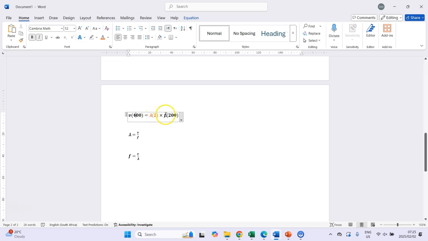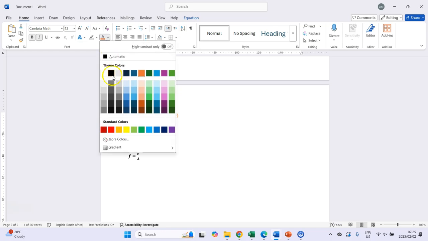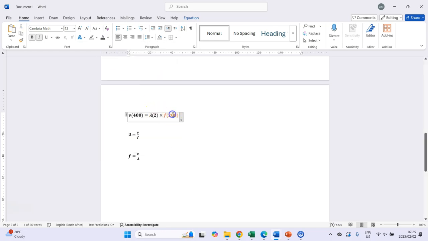Now, in the same way, if I rather keep my frequency at a constant value and I change my wavelength, let's make the frequency a constant value of 4. If my wavelength is 2, then the speed of my wave will be 8. And if I increase my wavelength to 8, 8 times 4 is 32.